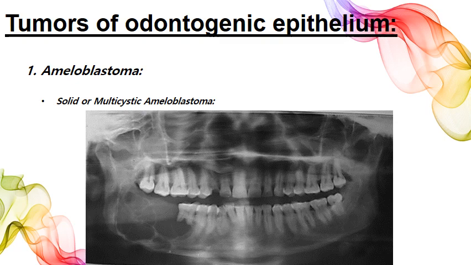It is located in about 85% of the cases in the mandible, in the molar and ramus region, as we see here. As we will see, almost most of the cases of odontogenic tumors are seen in the mandible.